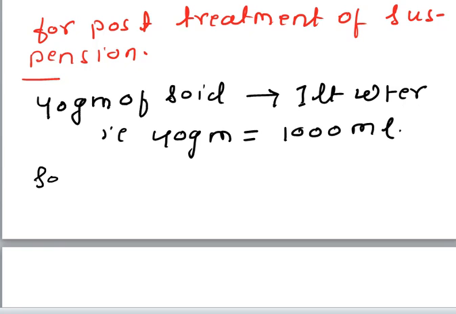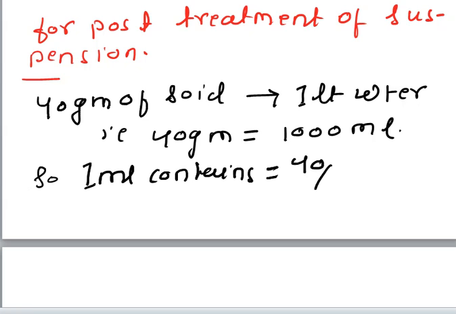So 1 milliliter contains 40 over 1000 grams of the material, that is sodium hexametaphosphate and sodium carbonate.